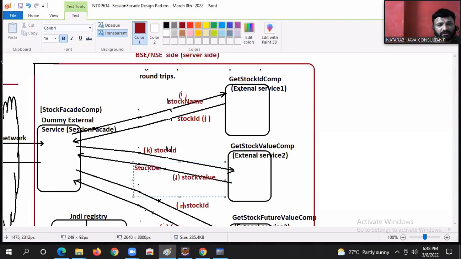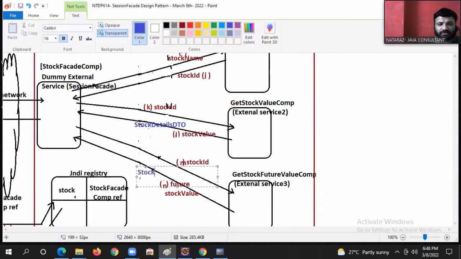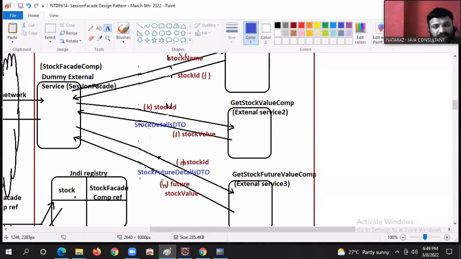Stock details DTO. Here we will get what? Stock future details DTO.